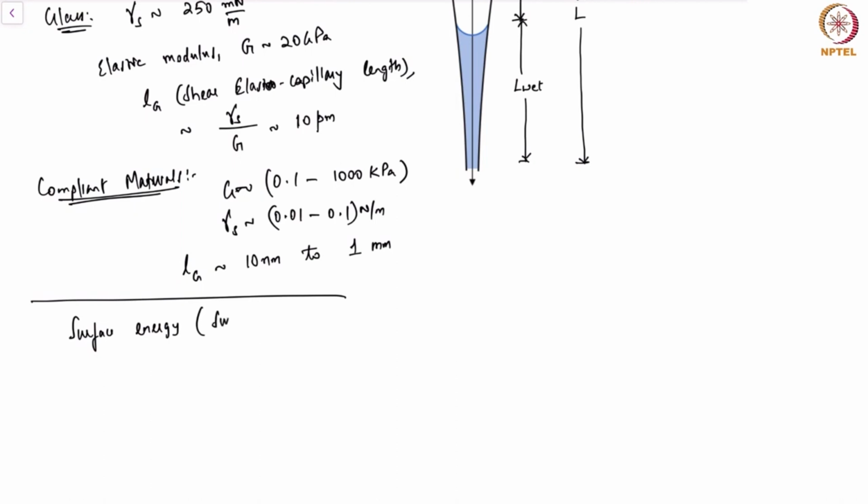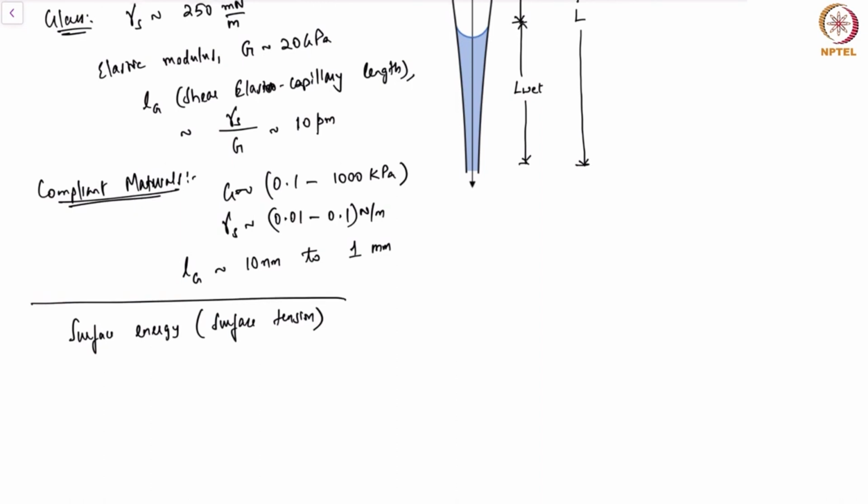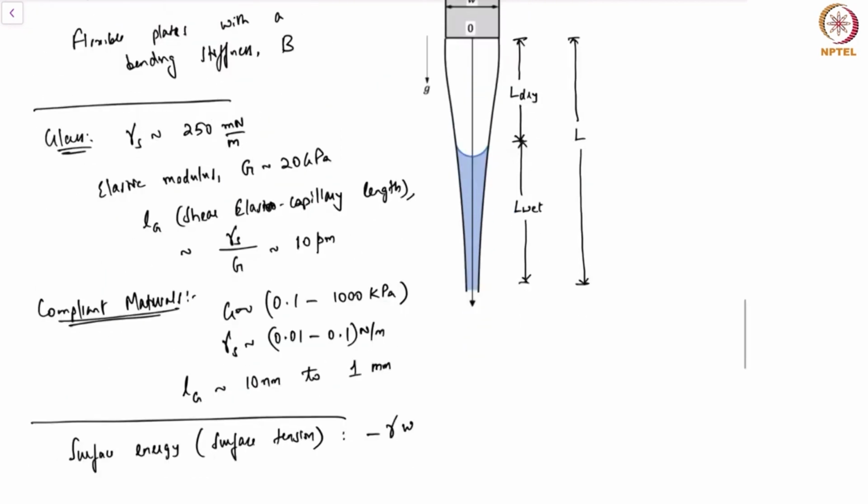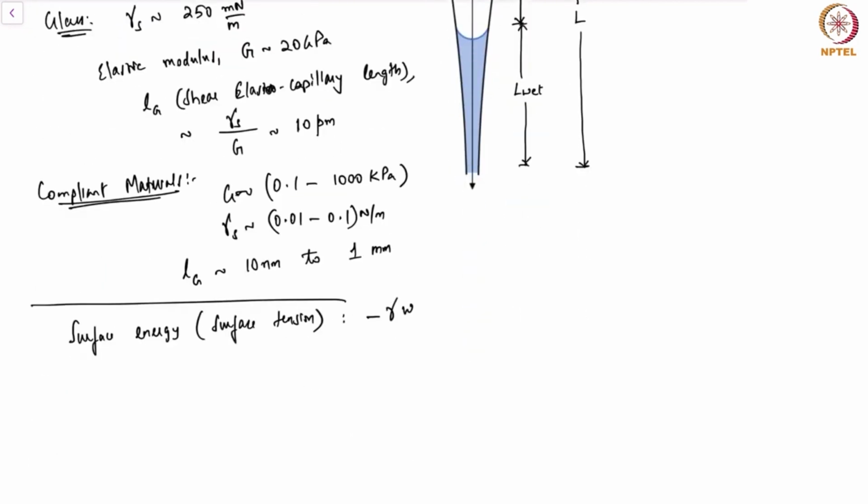And this surface energy is because of surface tension effects. If I just do a simple scaling estimate, that would simply be minus gamma, W is the width, and it would depend on the wetted portion of the surface, so this would simply be minus gamma W times (L minus L dry).